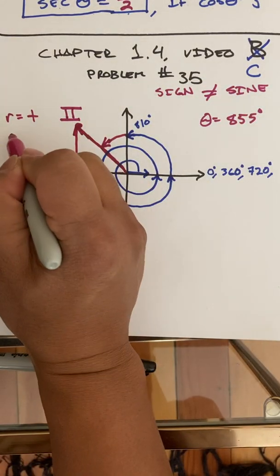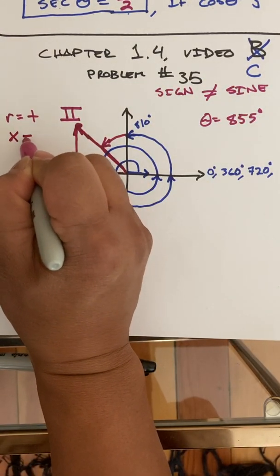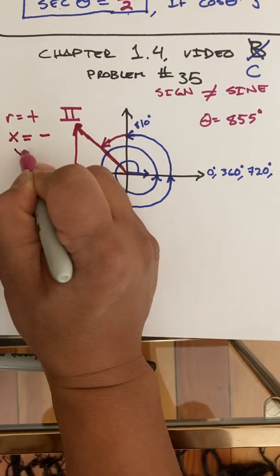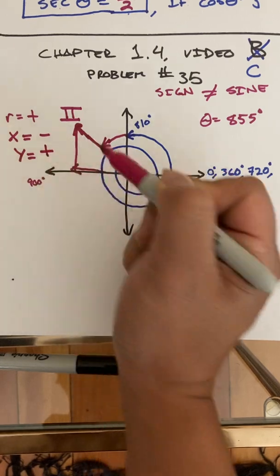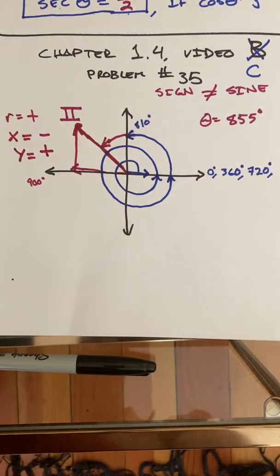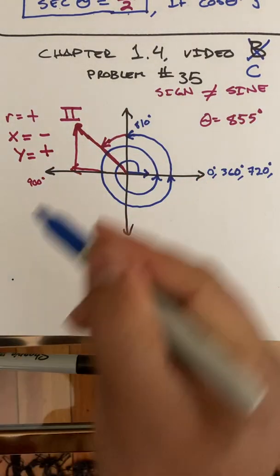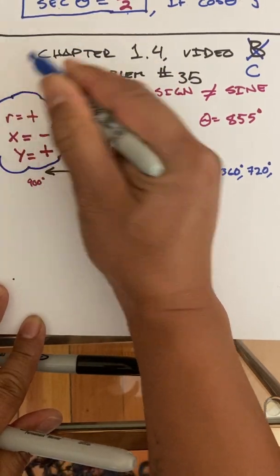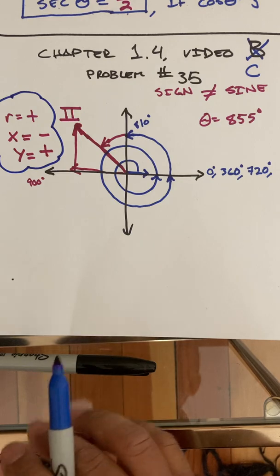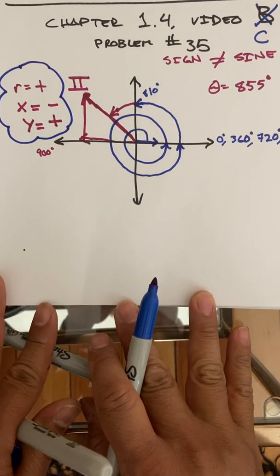So r is positive, our x coordinate is negative, and our y coordinate is positive. Okay, and this is the key information that we need to answer the question. Okay, and that's all there is.